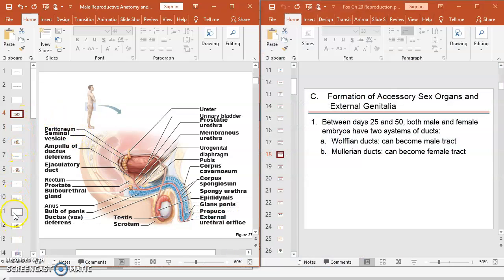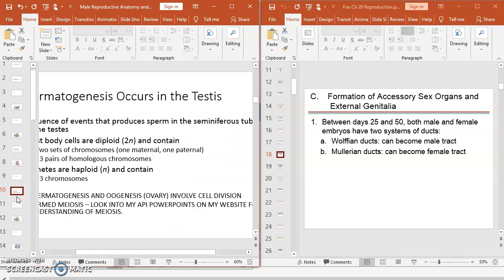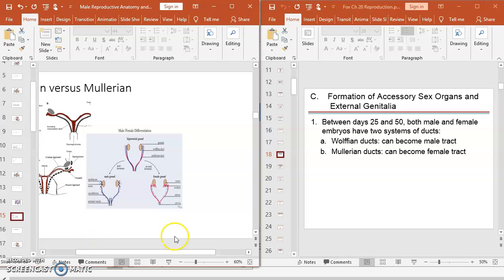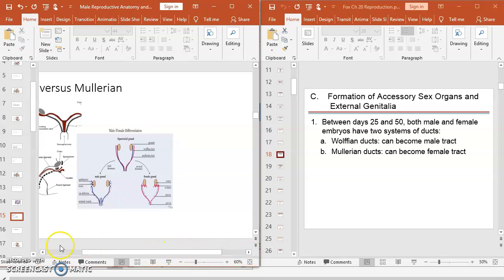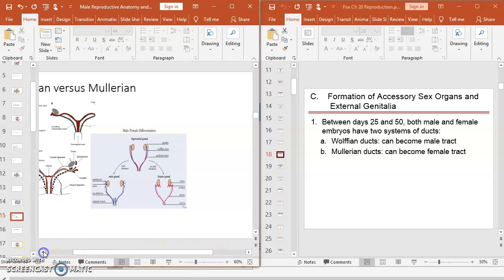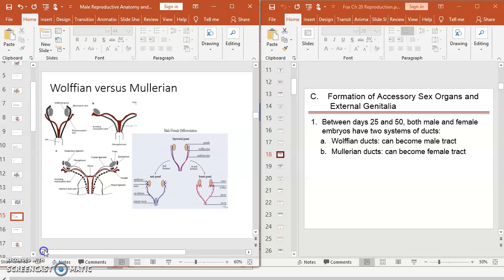So now we have two systems of ducts, and these would be the ductal systems here. As you look at this, always think that the Wolffian is male, the Müllerian is female.